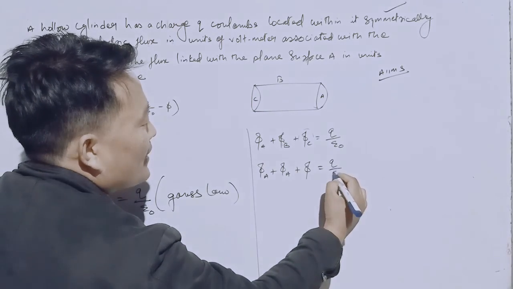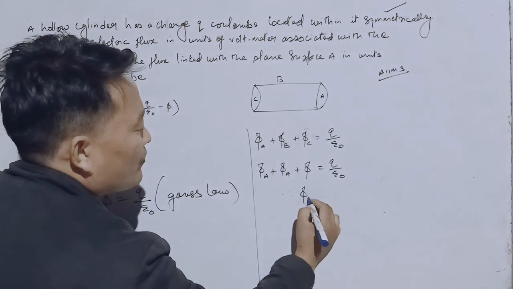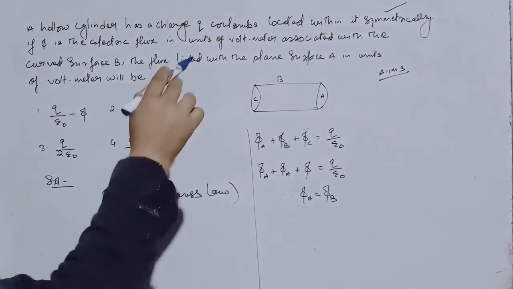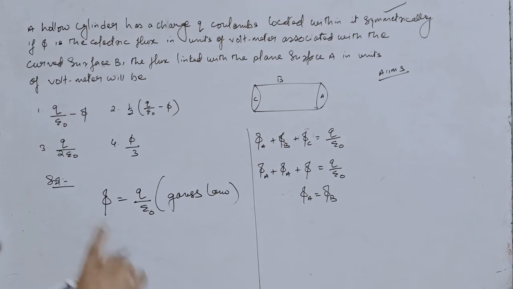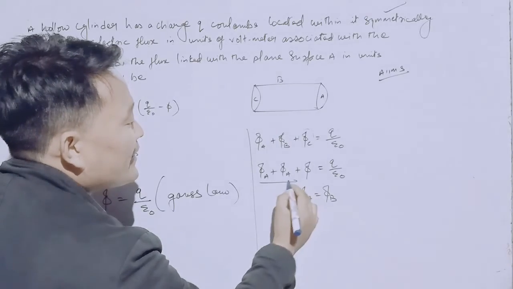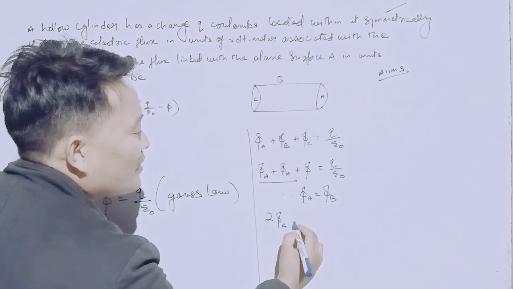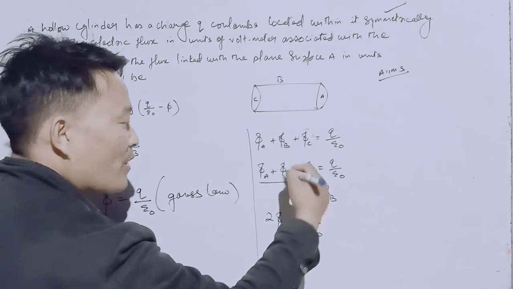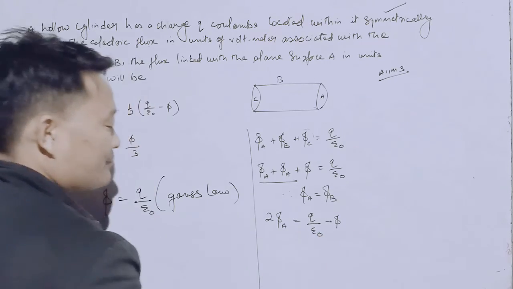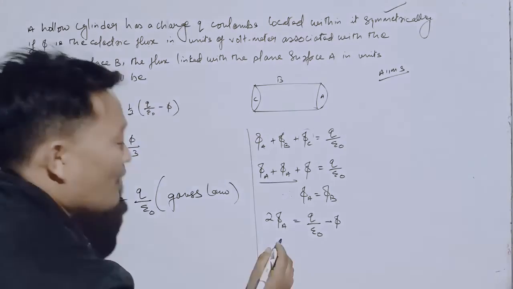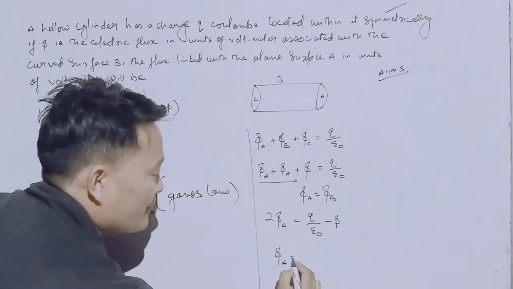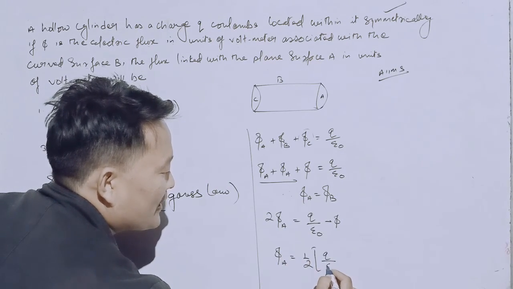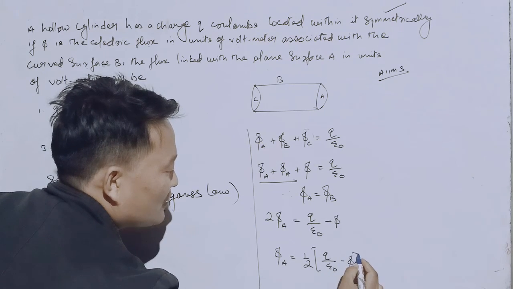Since flux A is equal to flux C, because it is mentioned that it is symmetrical, twice flux A is equal to Q by epsilon naught minus phi. Then flux A is given by 1 by 2 times Q by epsilon naught minus phi.